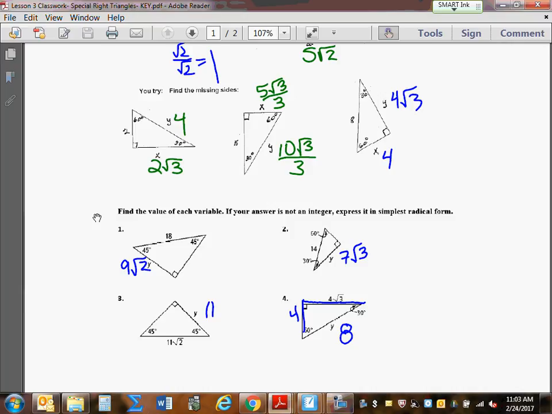Alright, here are the bottom ones. Check your answers for these. Do we have any questions on the bottom ones?